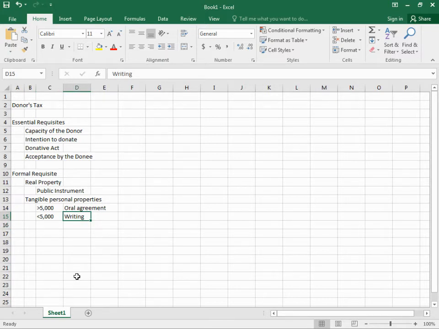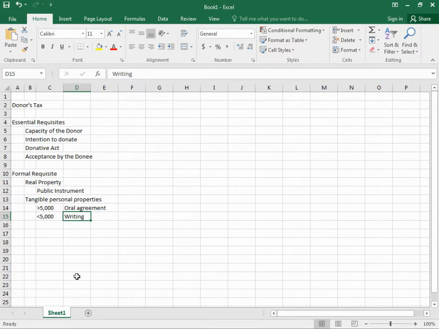Ibig sabihin, kapag more than 5,000 na yung donation, kailangan mo na ng proof. Kasi pag wala kang proof, anytime, pwede niyang bawiin yan. Okay? Kasi yung burden of proof is dun sa nagki-claim ng ownership. Diba? For example, nasa donor pa rin yung resibo ng property.